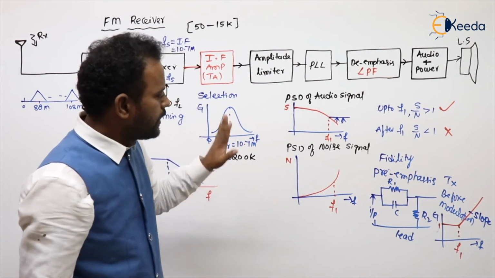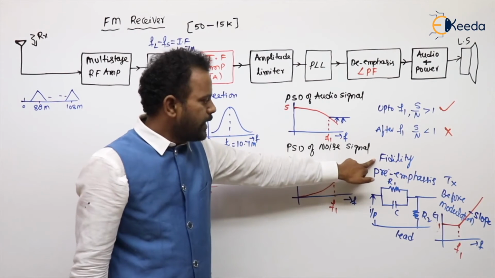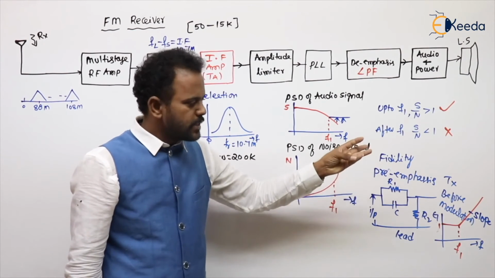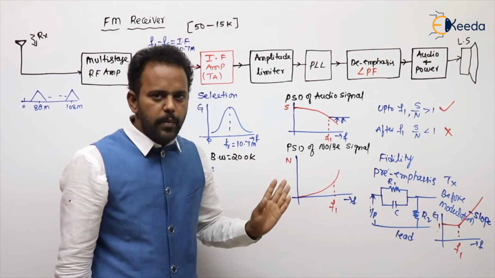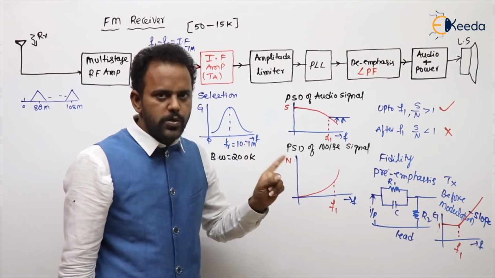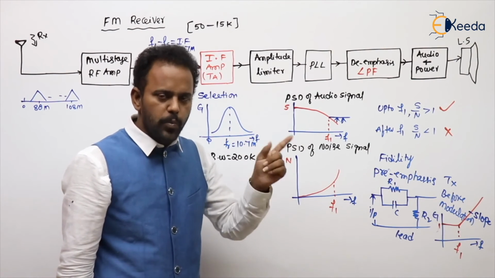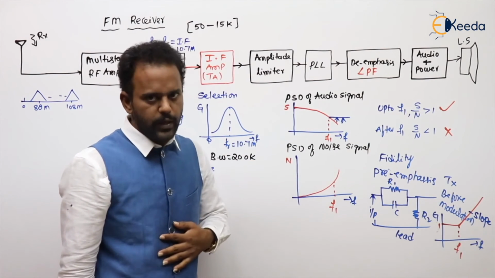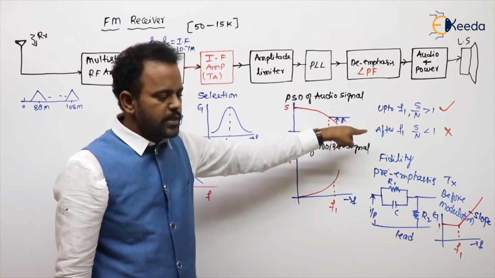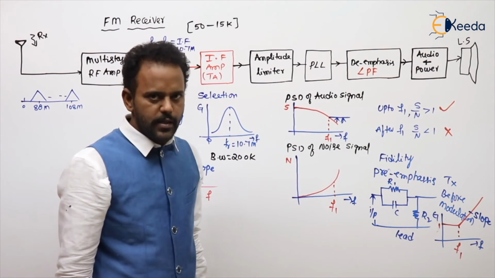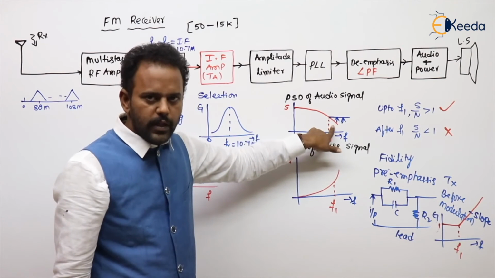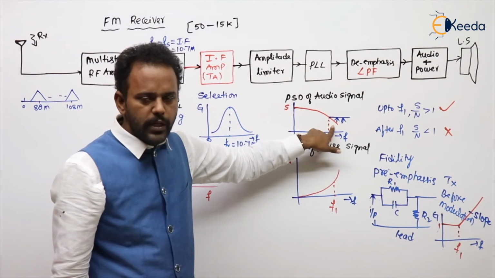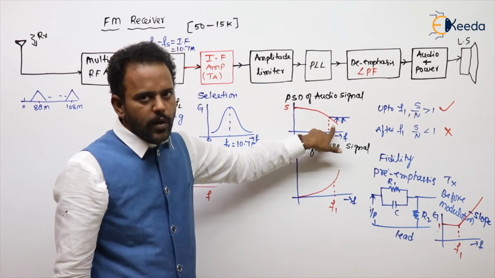So here I discussed three terms: fidelity, pre-emphasis, and de-emphasis. Fidelity is the capability of a radio receiver to reproduce all input frequencies at the output of the receiver. FM suffers because the signal to noise ratio is less. So before the modulation itself, in the transmitter, we artificially boost and increase the signal to noise ratio.